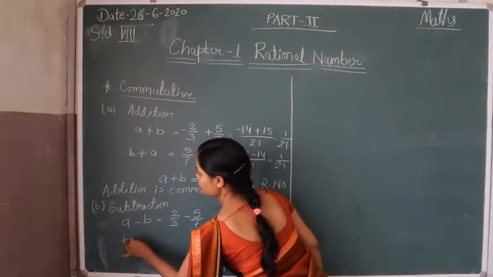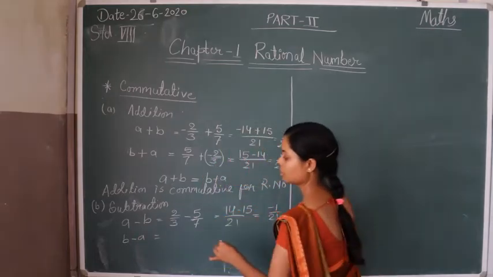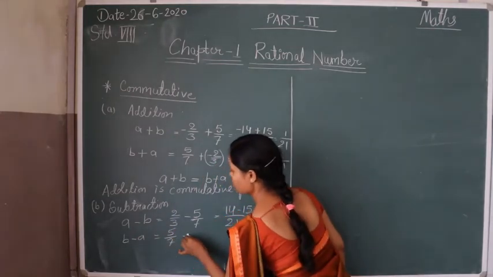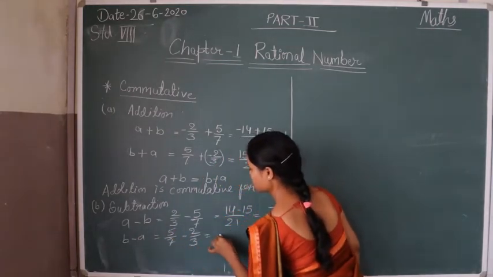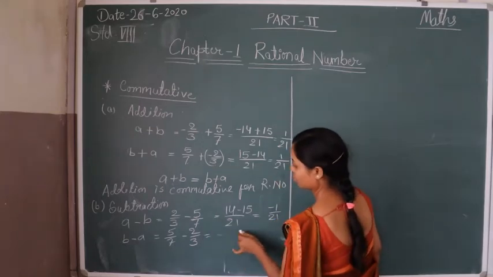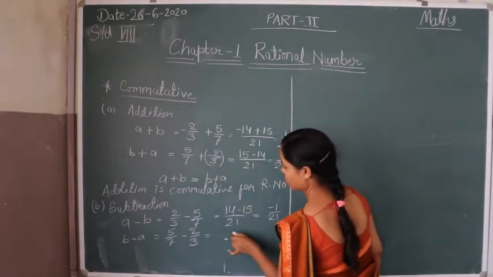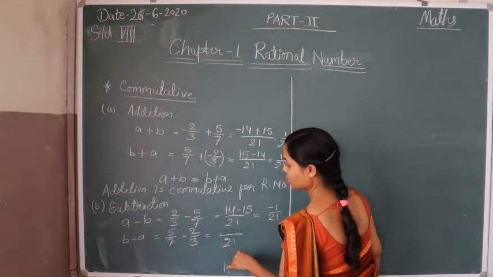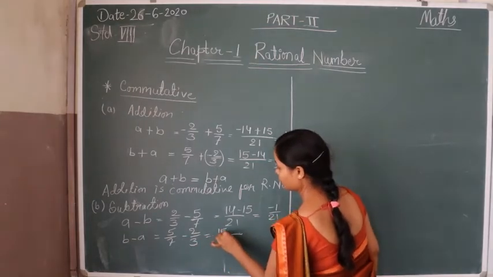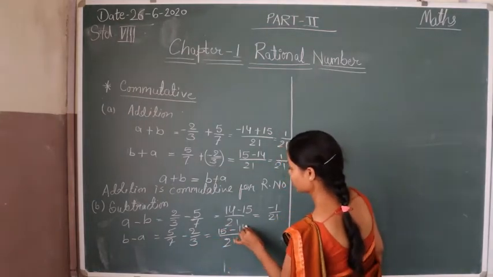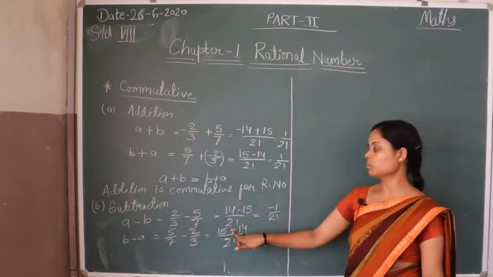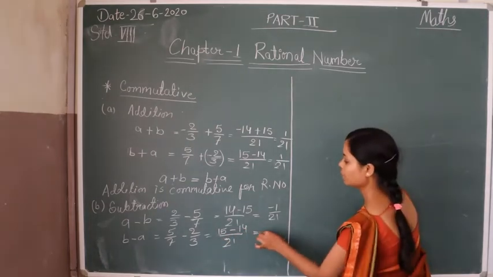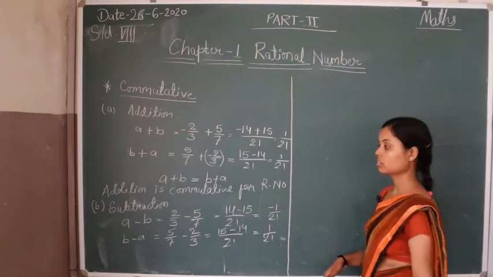Then exchange the rational numbers and then find the subtraction. By exchanging, LCM is 21 and then 5 3s are 15 minus 14. So look at here, 15 minus 14, we get 1 by 21.